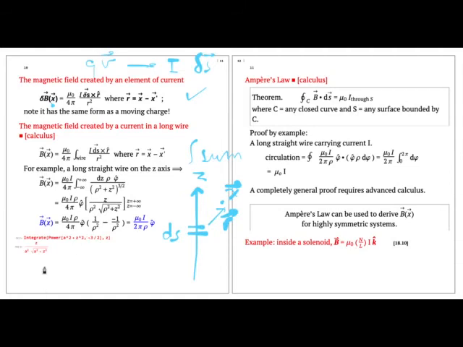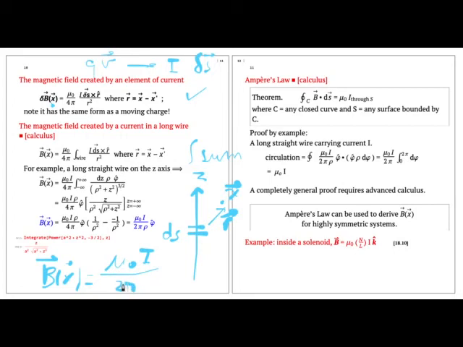So after a little bit of calculus, not very advanced calculus, B at that point X is the magnitude mu 0 I over 2 pi rho. I hope you're taking notes because you're going to need this for the homework.